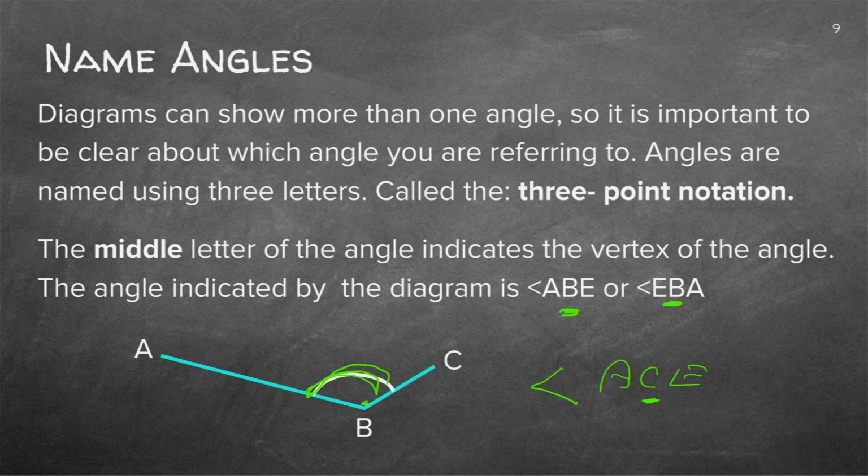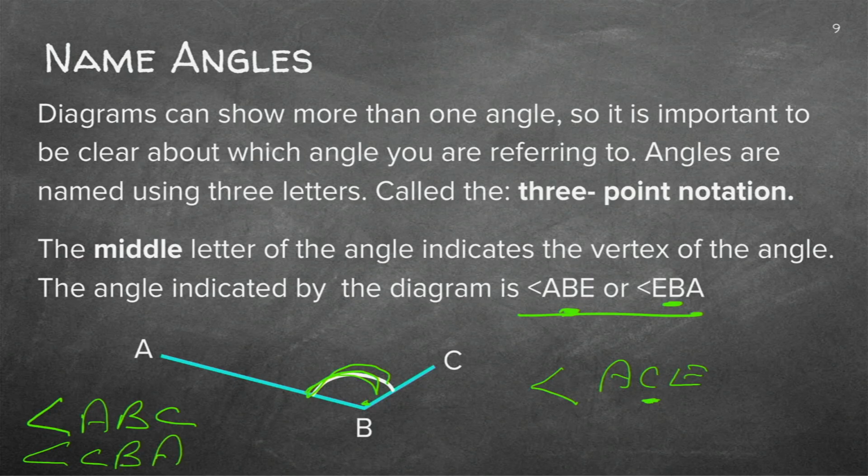This is how we name them. In this case, we can say ABC, or we can say CBA. It doesn't matter from which side, but the point is that this is our vertex and this is the angle that we are naming.